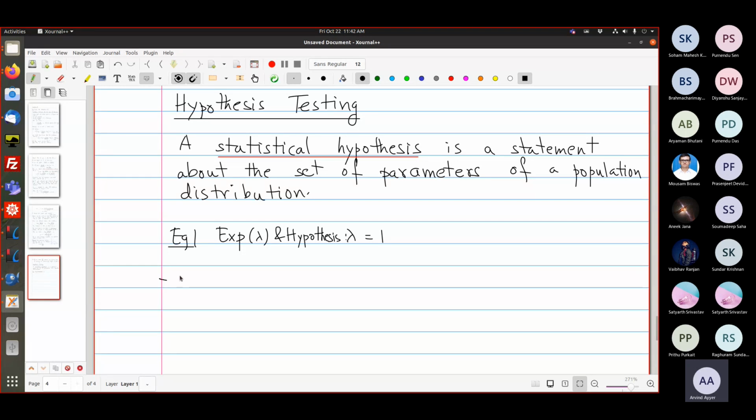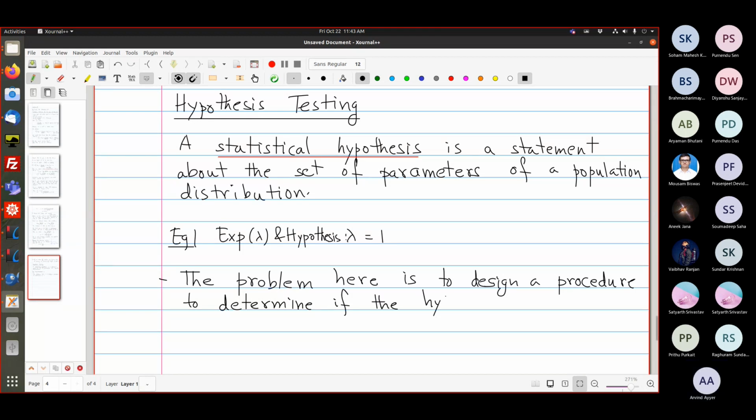And now the problem here is to design a procedure to determine if the hypothesis seems correct.